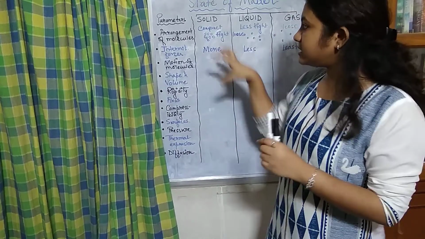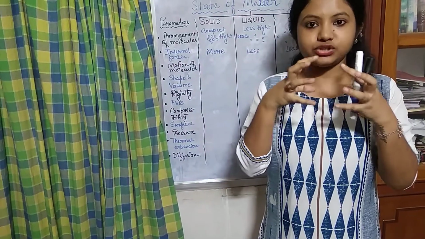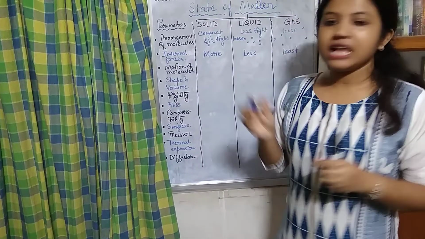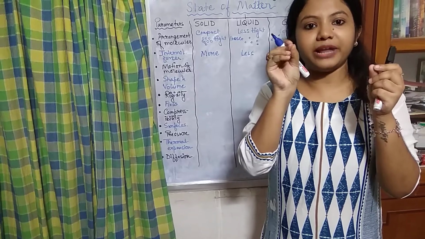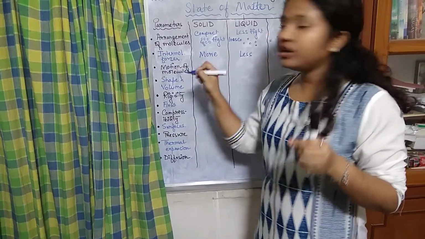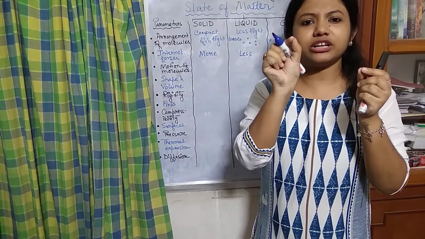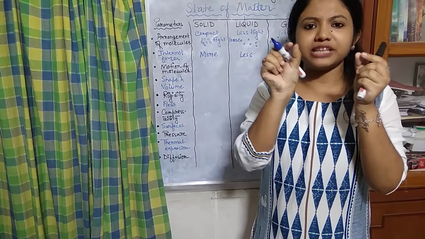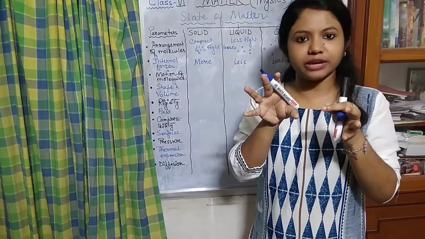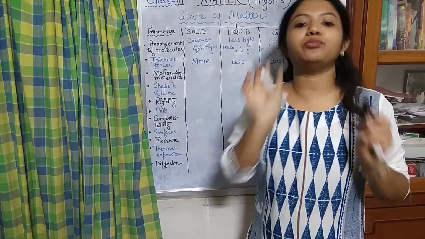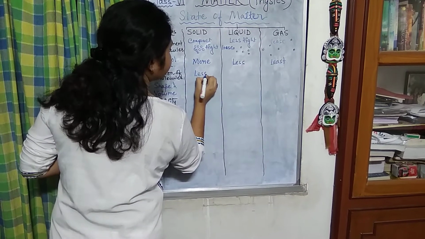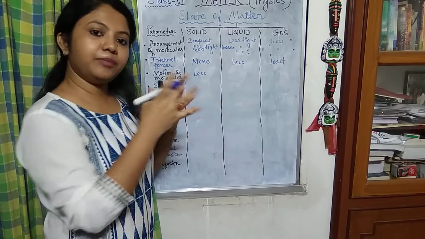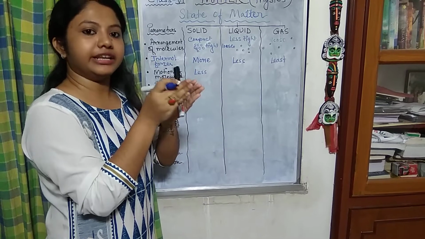But as the molecules are tightly compacted together, they will keep on vibrating within a place, within the least intermolecular space given to them. They will vibrate within that position only. So the motion of the molecules is pretty small. They keep vibrating within a limited area.